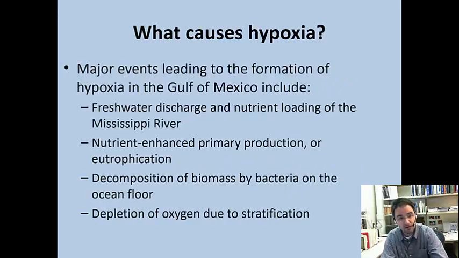We get nutrient-enhanced primary productivity, and when that is consumed or decomposes, we see consumption of oxygen, such that within the Gulf of Mexico we get a zone of low dissolved oxygen, this hypoxic zone. So we have this nutrient coming down the river. It promotes productivity in the Gulf. When that decomposes, it consumes oxygen.